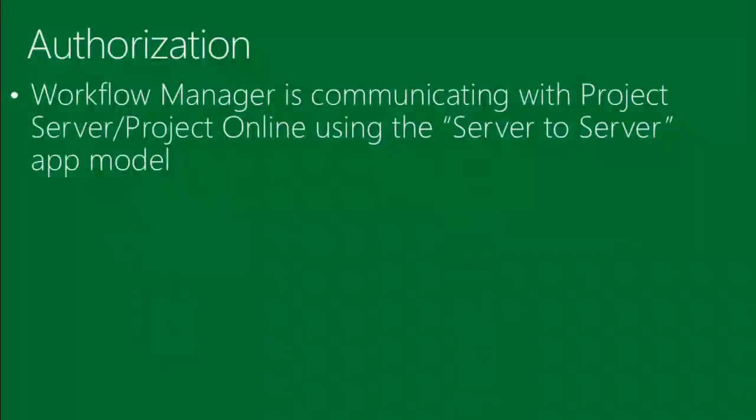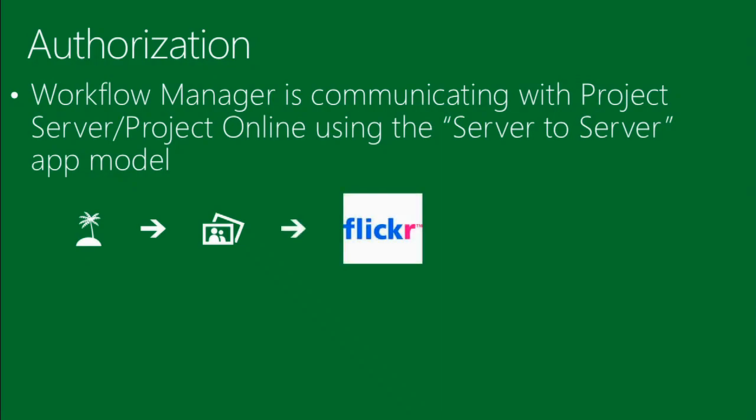So the authorization, I wanted to cover this as well as part of the workflow architecture. And I like to give an example here. As I'm saying, the Workflow Manager is communicating with Project Server using the server-to-server app model. And here's the example I'm talking about. So I went on my honeymoon, I took my pictures, and then I uploaded them to Flickr, right? And then I want to take my pictures from Flickr and print them. And I chose Bartell Drugs.